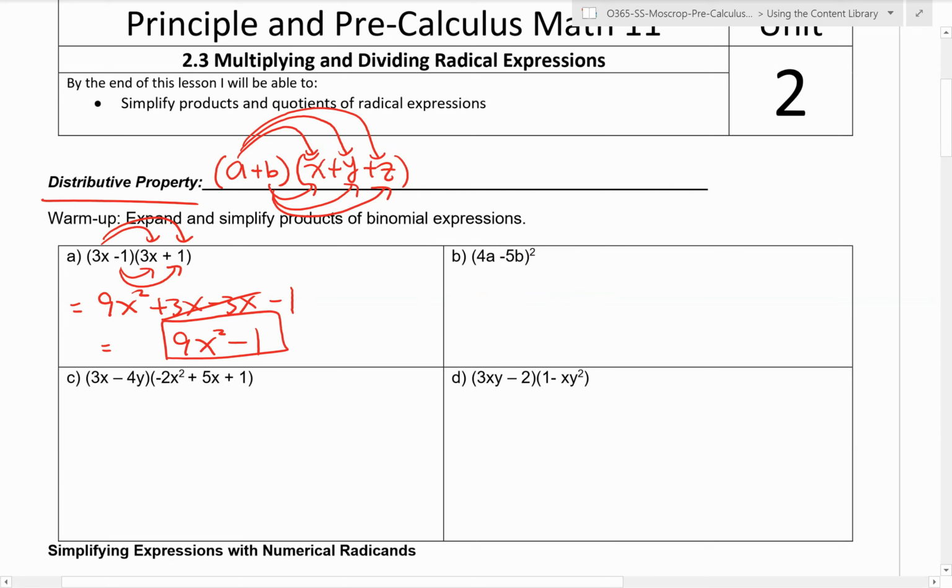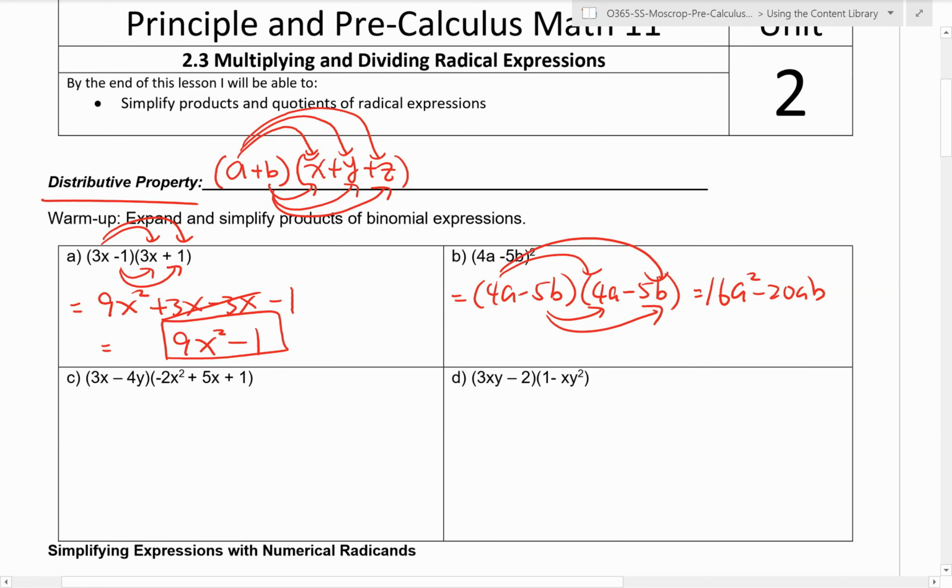What you need to do is think about what square means, right? Square means multiply by itself. So it's 4a minus 5b times 4a minus 5b. Once you have this written out, then you expand, right? Distribute, just like the way we did it earlier. So now this is going to be 4a times 4a, 16a squared. 4a times negative 5b is negative 20ab.